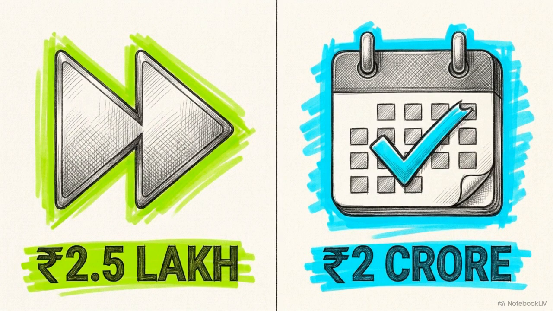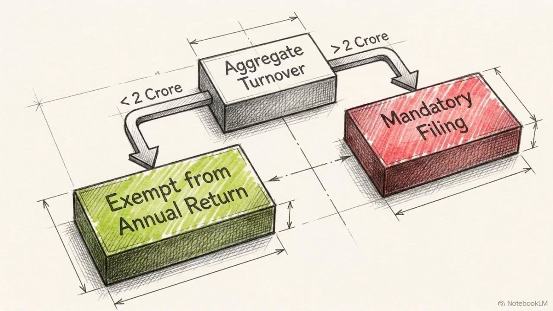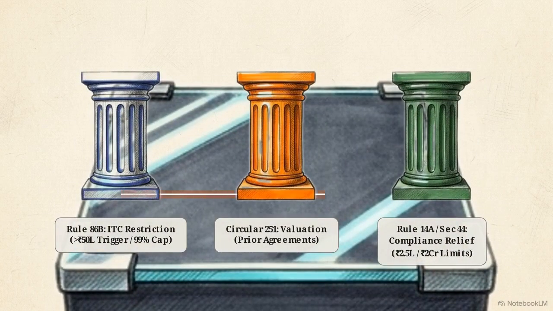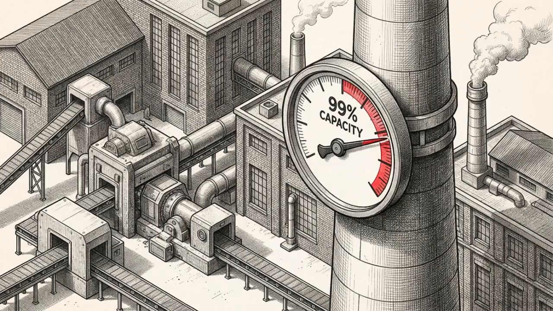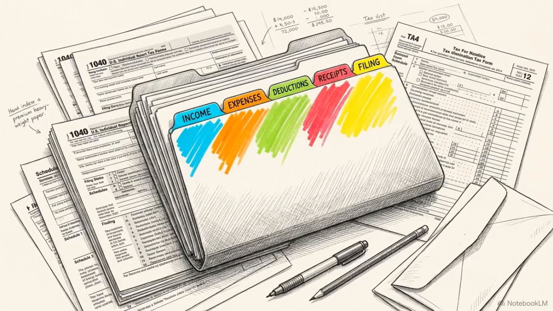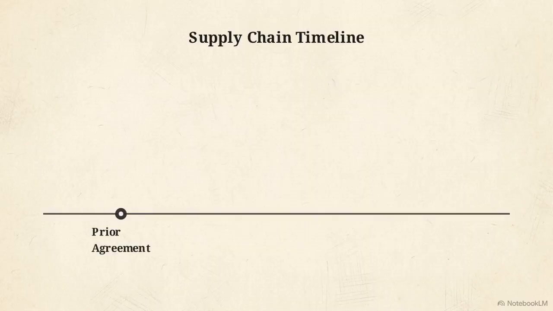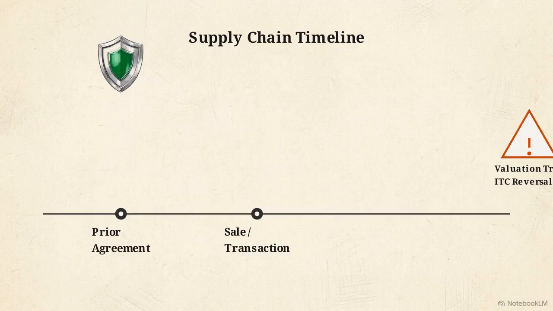Zooming out, you can see how these 3 pillars interlock to form the complete regulatory framework for the September updates. The government has engineered a highly precise, bifurcated regulatory approach. Under Pillar 1, high-volume entities must navigate the 99% liquidity caps of Rule 86B, forcing them to meticulously document their eligibility for its 5 historical exceptions. Under Pillar 2, complex supply chains must carefully track the existence and timing of prior agreements to avoid the valuation traps and ITC reversal triggers established in Circular 251.